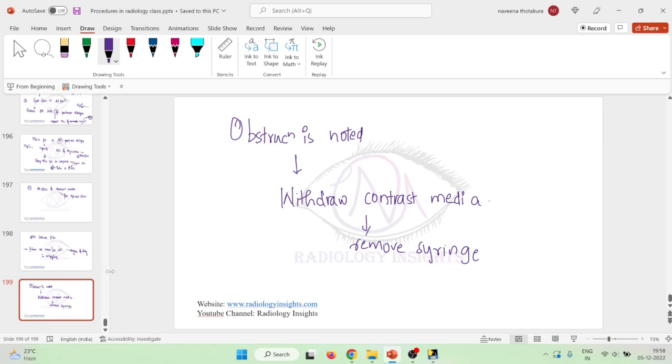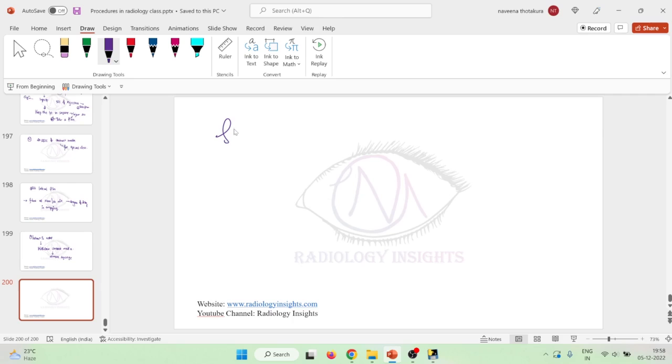Next. Whenever you do a slow injection, the patient should not have any pain. Sometimes the patient can have a sense of fullness also.